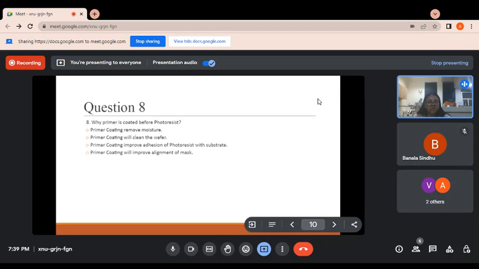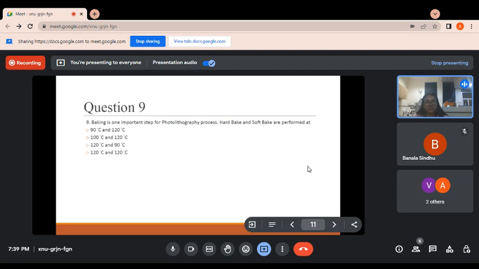That's why the alignment is needed. If the alignment is done, then we go for the UV exposure and the total photolithography process. So here primer coating is used to improve the adhesion of the photoresist with the substrate. So the right option is option C.